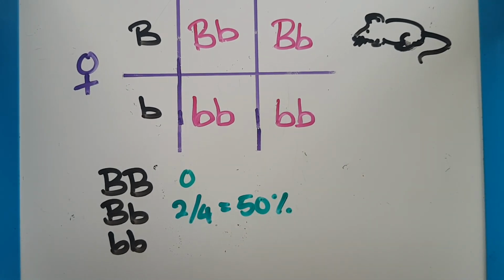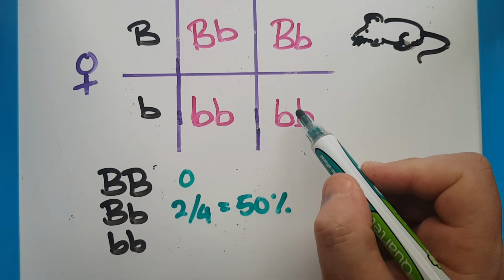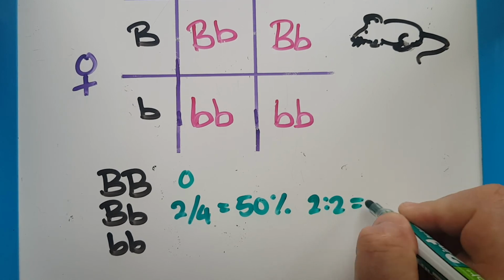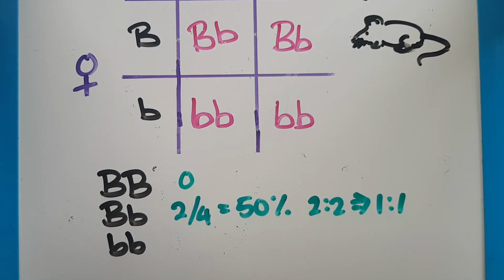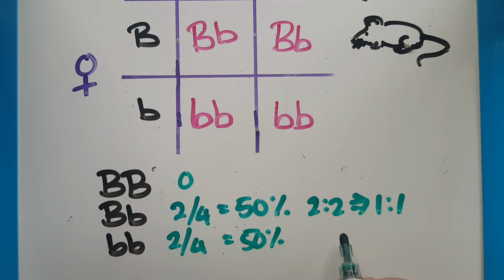We also could write this as a ratio, where there are 2 of this and 2 that are not. So it's a 2 to 2 ratio, but that gets simplified to a 1 to 1 ratio. And of course, therefore, little b is the same thing, a 1 to 1 ratio.